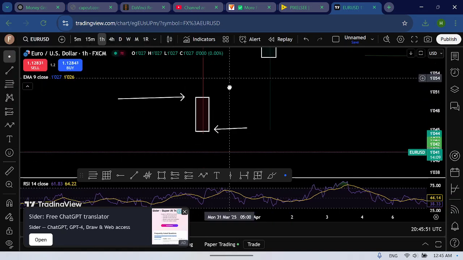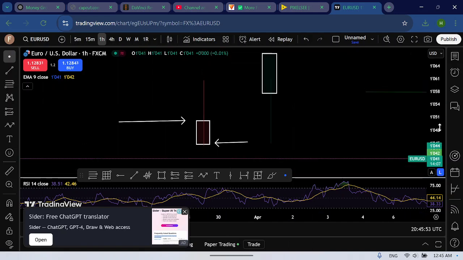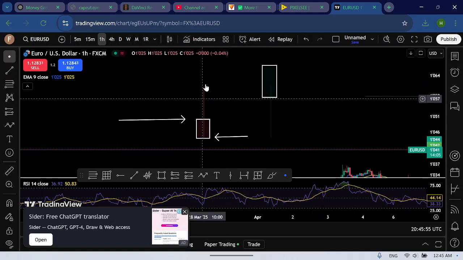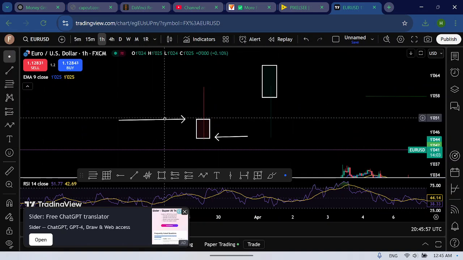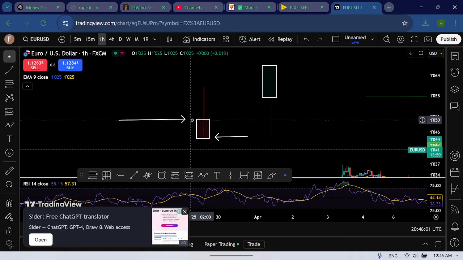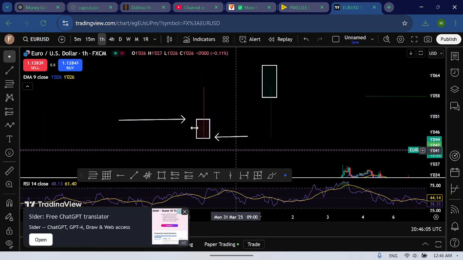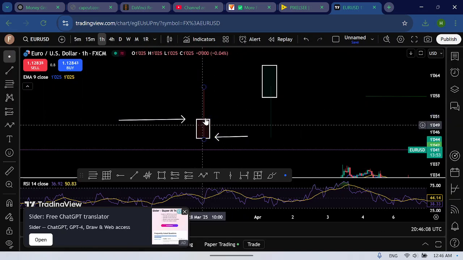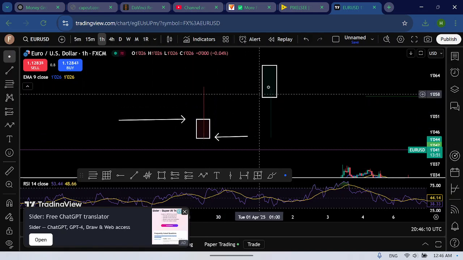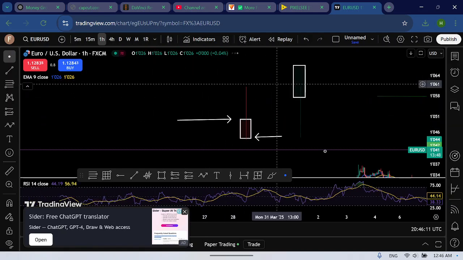So this is the basics about candles. This is a wick in a red candle. The open is the topmost part of the body, and the close would be the bottom part. The opposite would be the green candle.